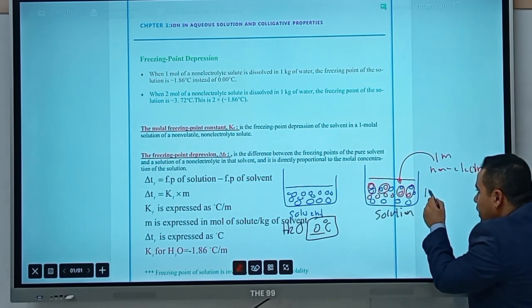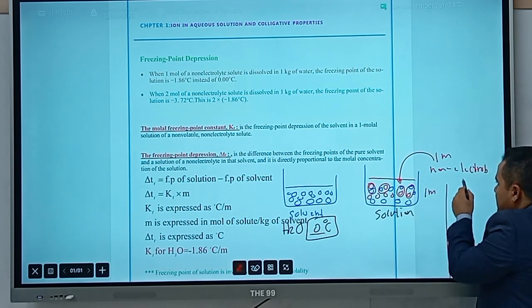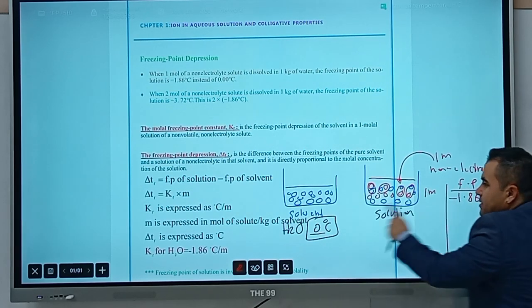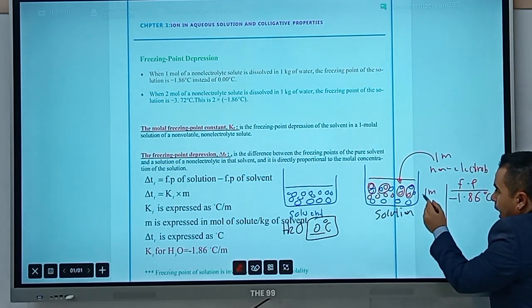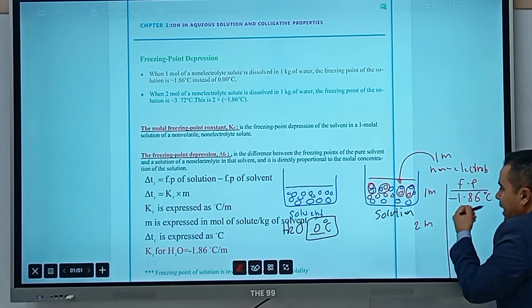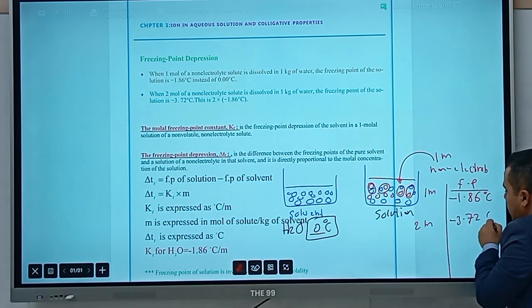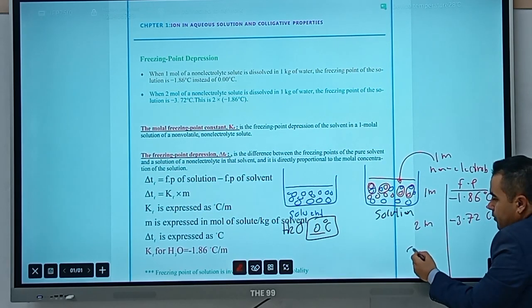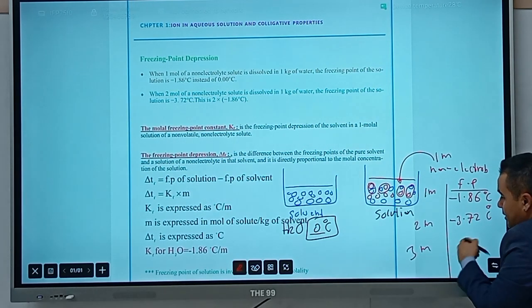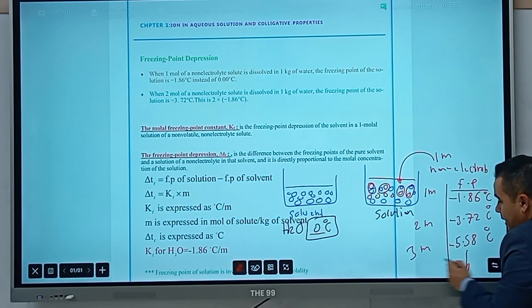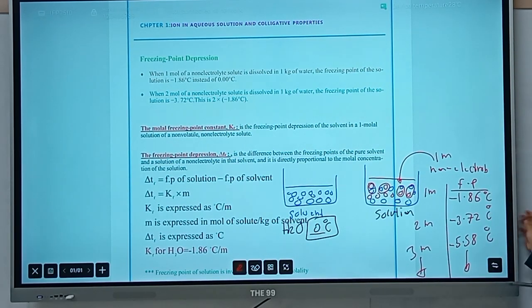By adding one molality, it has a freezing point of minus 1.86 Celsius instead of 0. And for two molality, it has twice that, which is minus 3.72 Celsius. For 3 molality, it is 3 times that, minus 5.58 Celsius, and so on, guys.